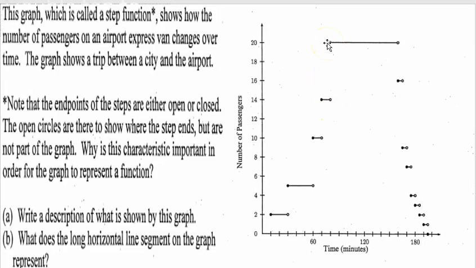But if you do the vertical line test and you go from a closed circle to another closed circle, then it wouldn't be considered a function because you will have two closed circles, which means that you will have, for example, this would be 20 passengers, and if this is another closed circle, it would be 14 passengers. So you can't have one closed circle represent two numbers on the same line, like on the y-axis.